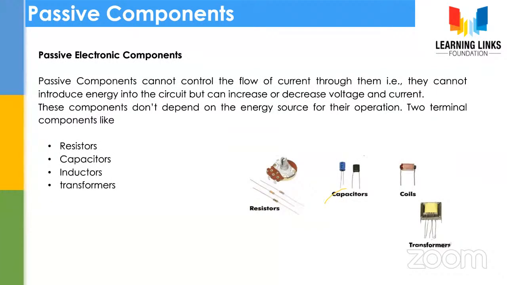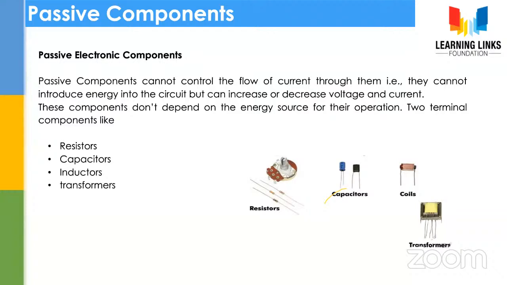Next thing is passive electronic components, okay. So what are passive electronic components? We have learned about the active components, okay. The active components provide the power supply, they provide the power, and they control the flow of current and introduce energy into the circuit.